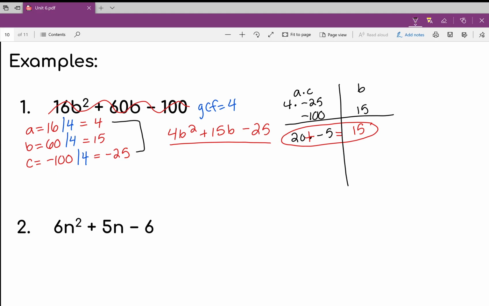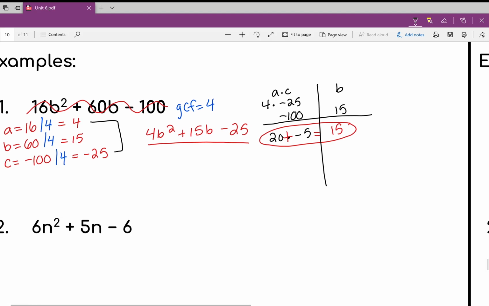Okay. So now I'm going to rewrite it just like we did before. So I have 4b squared. And now we can't just put the numbers wherever we want to. Before, it didn't matter what term came first. Now it matters because we have to be able to take out a GCF from both of those numbers.